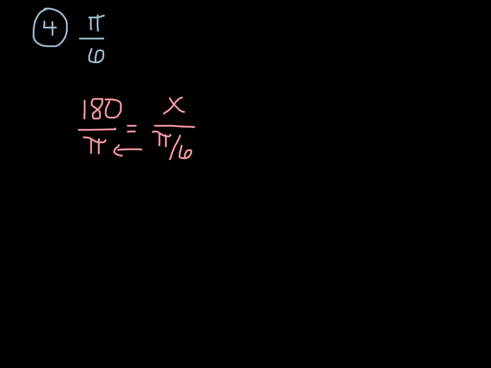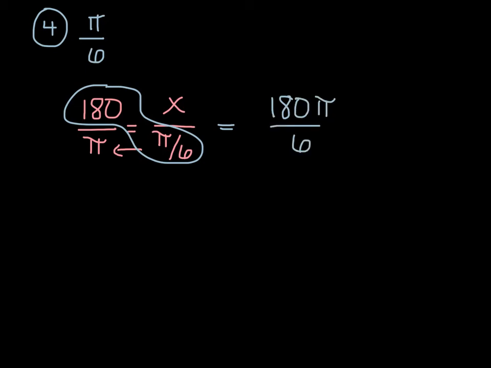When I cross multiply this, I'm going to get 180 pi over 6. Okay, that's how I would multiply that. 180 times pi divided by 6 equals pi times x. Now what I would do over here is go ahead and do this division.